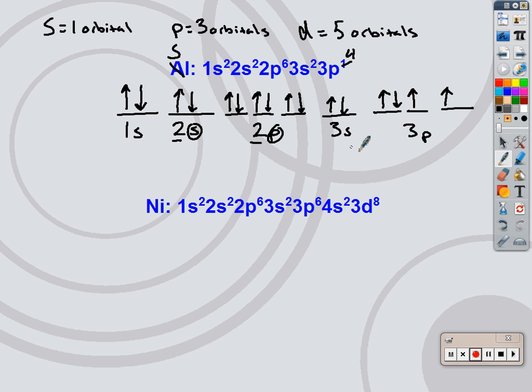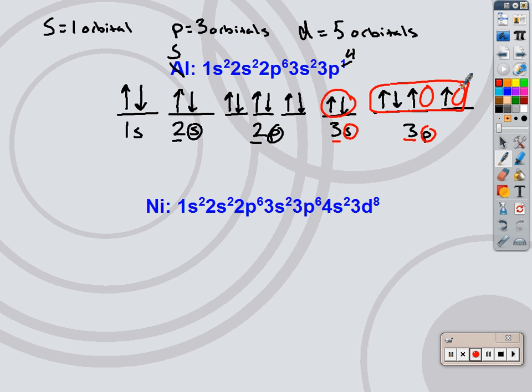Level number 3 has 2 orbitals, an s and a p. The s orbital is full. It's got 2 electrons in it. The p orbital is not full. It only has 4, and it has room for 2 more. And that's working with sulfur.